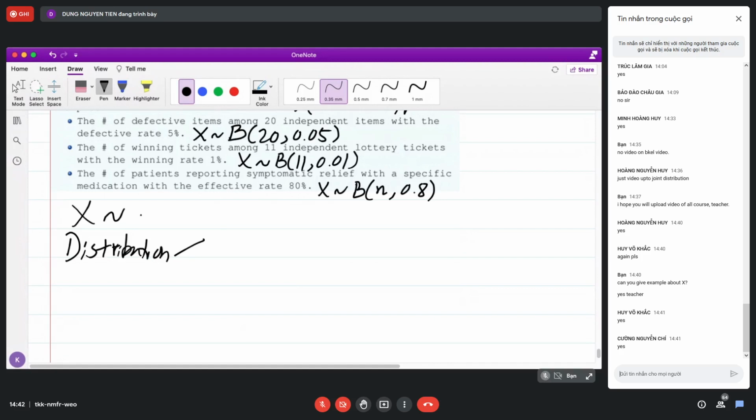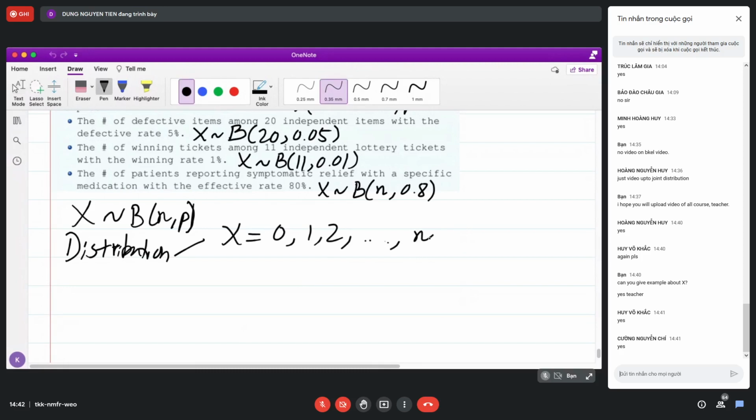So suppose that x follows a binomial distribution with the two parameters n and p. Then x can take the values 0, 1, 2, up to n, because you play n games.